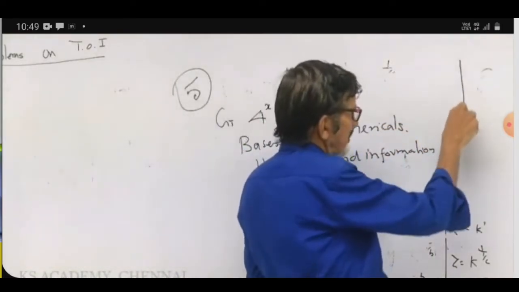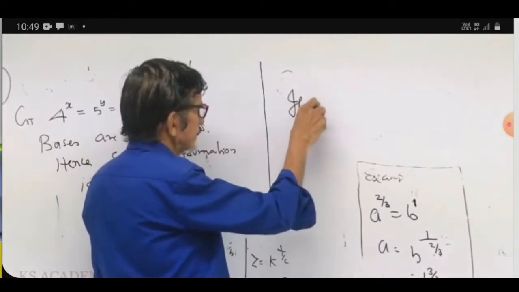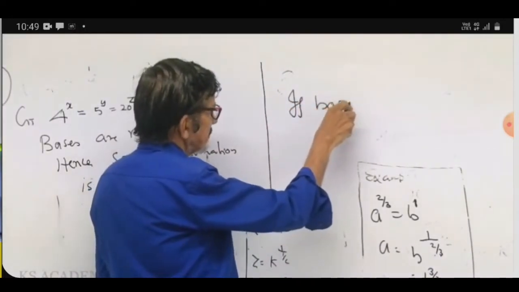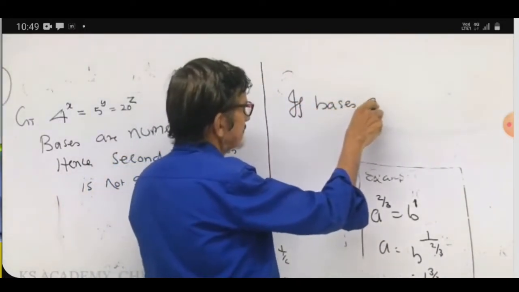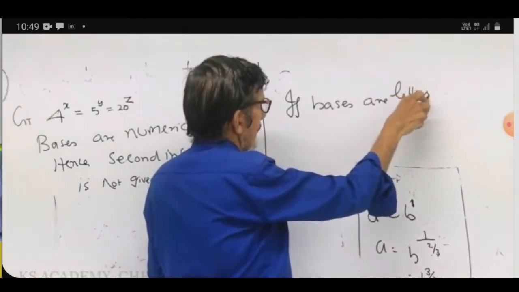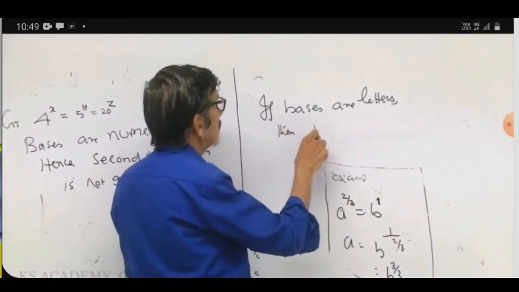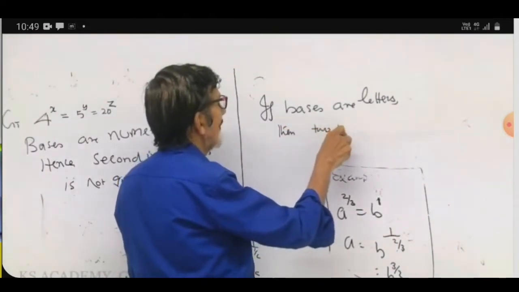On the side, put one line: if bases are letters, then two pieces of information will be given.